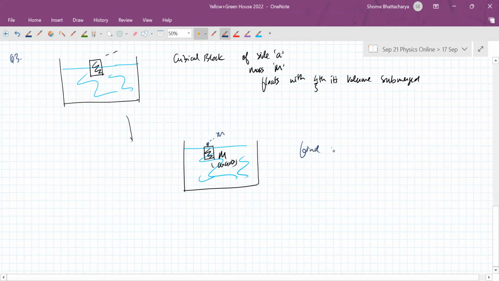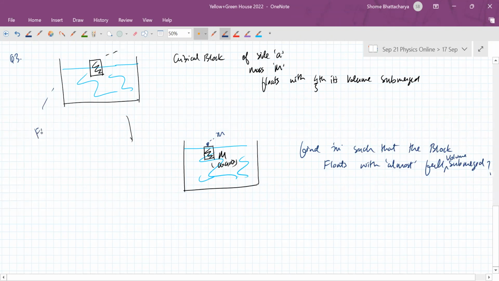So find small m such that the block floats with almost the full volume submerged. So again, make an FBD in each case. Make the FBD for this, then make the FBD for this. You'll get the relation.